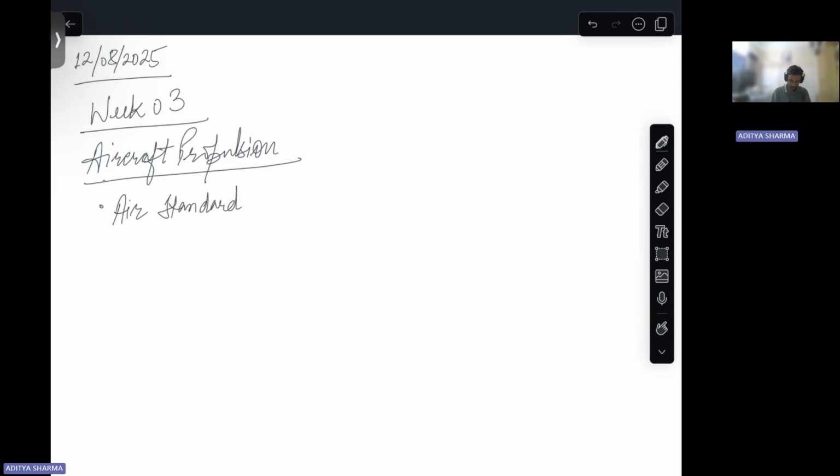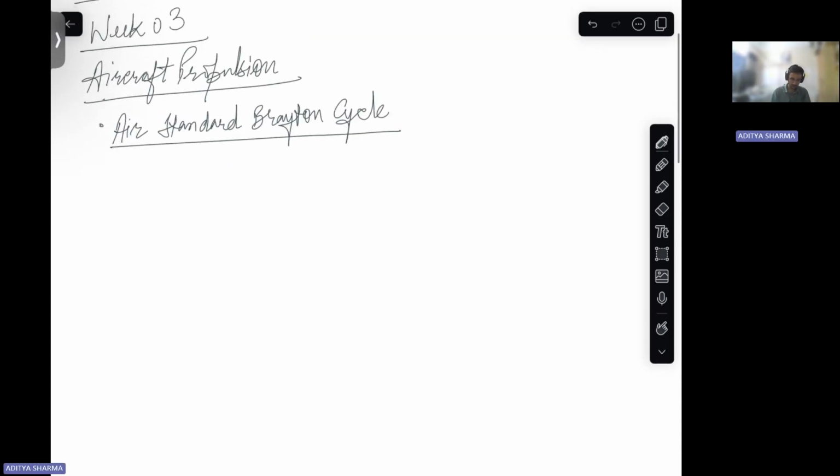Here, the standard Brayton cycle. Diagrams are very important, so I'll draw the diagrams.